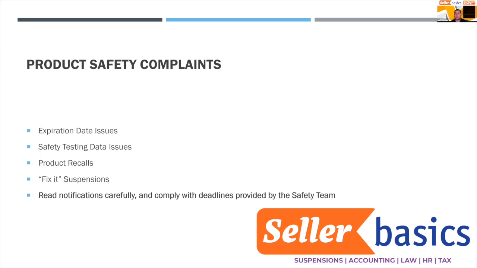This is really common with the MSDS, so material safety data sheets. Product recalls are another common type of product safety complaint. If you're selling a product that's subject to a recall, Amazon will take it down. And if it's a private label product, it's on you to provide the safety testing to show that it's now safe, and work with the CPSC to find a remedy.